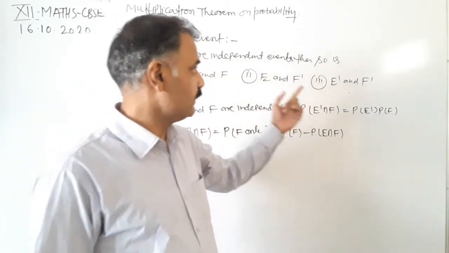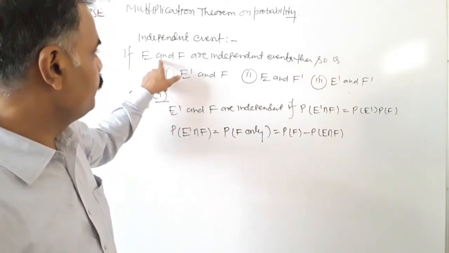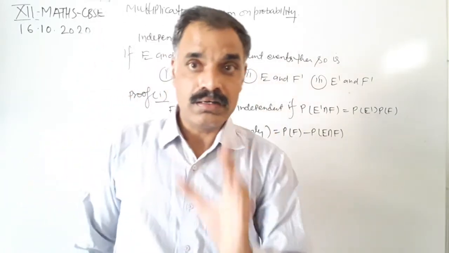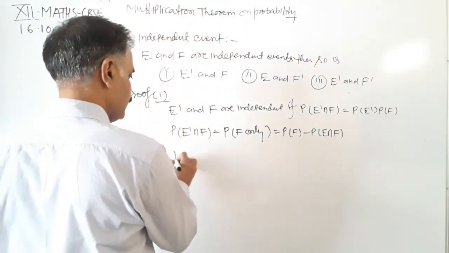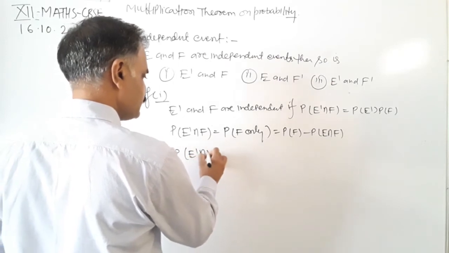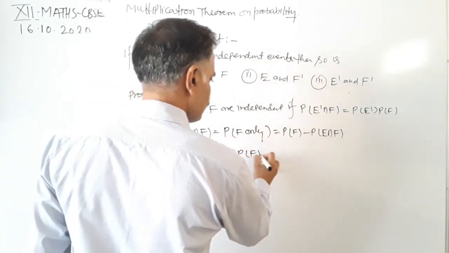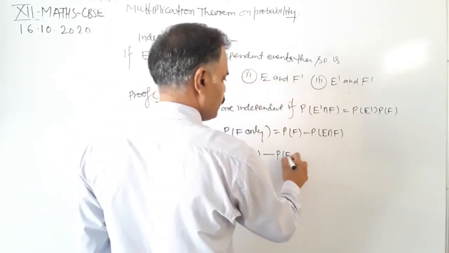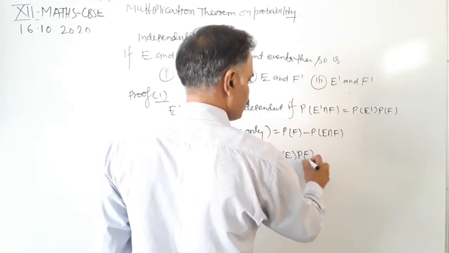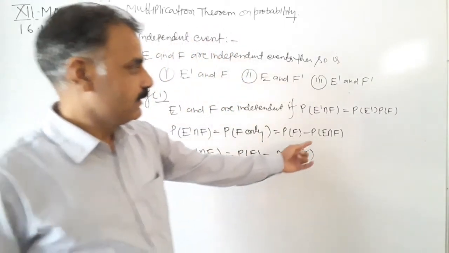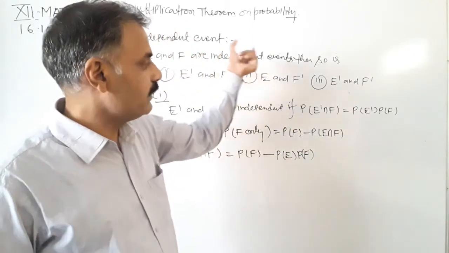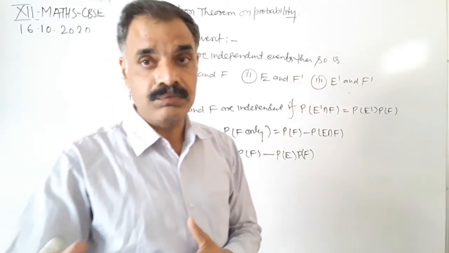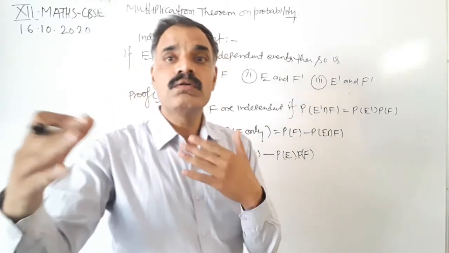Now for P(E intersection F), we have been given that events E and F are independent events. That is why P(E dash intersection F) is equal to P(F) minus P(E) into P(F), as E and F are independent, so P(E intersection F) is equal to P(E) into P(F).